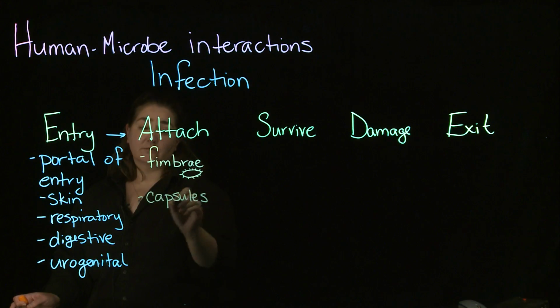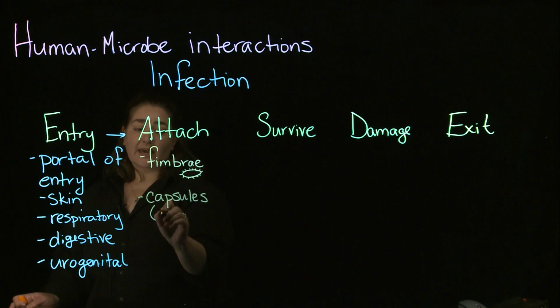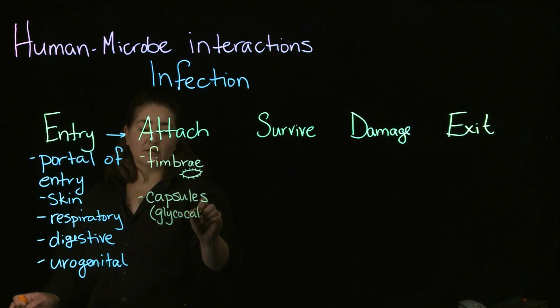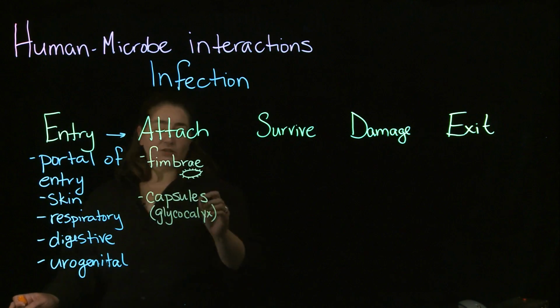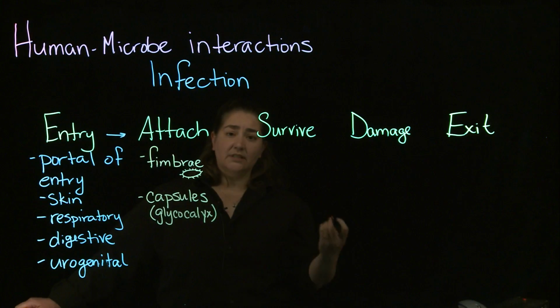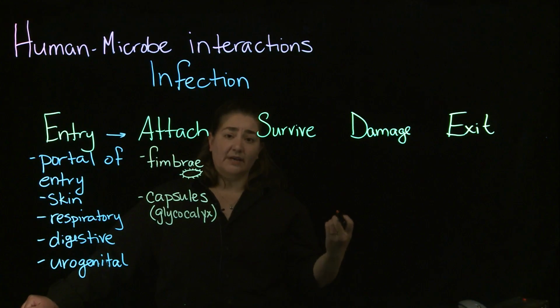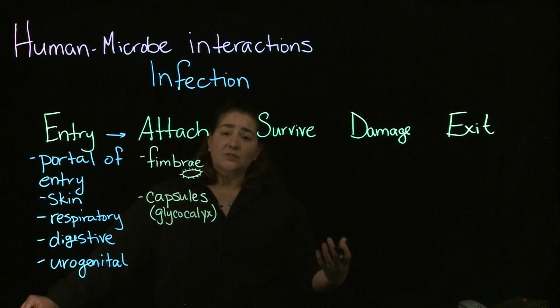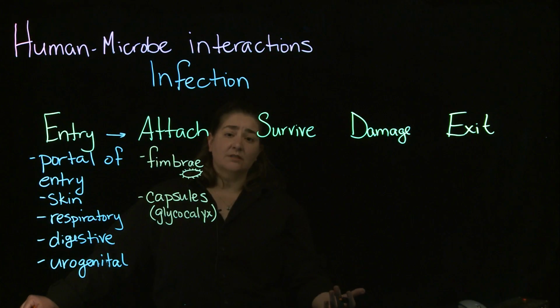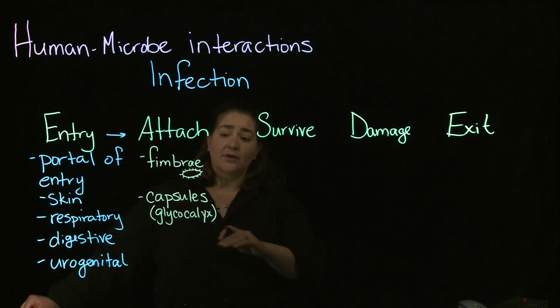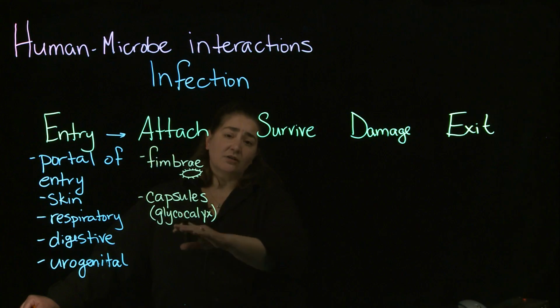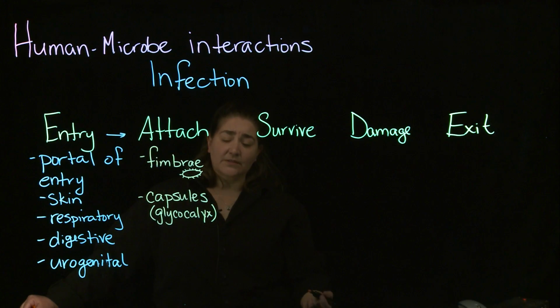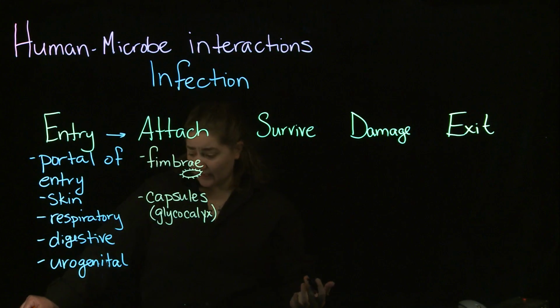Capsules are another, okay? Remember, the capsules are that sugary coating that are released by bacteria. Capsules allow the bacteria not only to evade the immune system, but because it's made up of essentially a sugar, it can attach to surfaces within the body, okay?